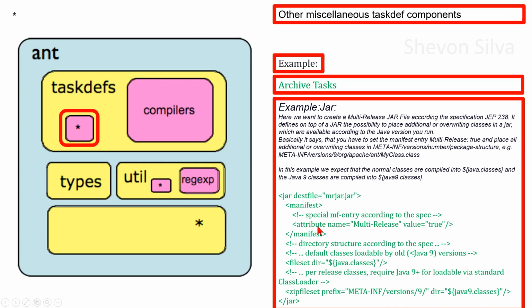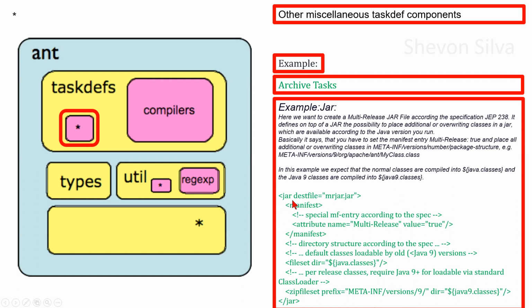Here you can see a special MF entry according to the specification, and here the directory structure according to the spec: default classes loaded by older versions of Java before 9, and pre-release classes require Java 9 plus, loadable via the standard class loader.